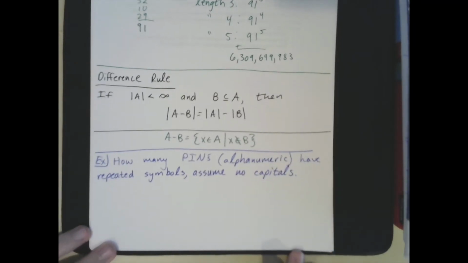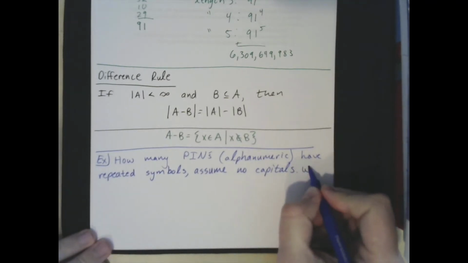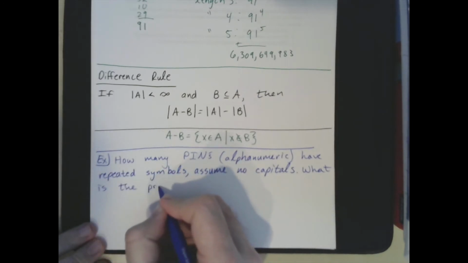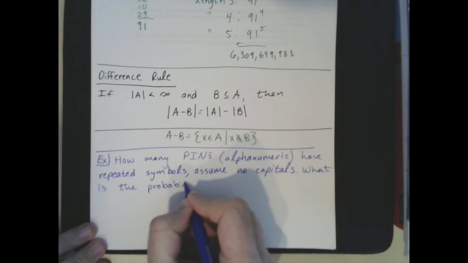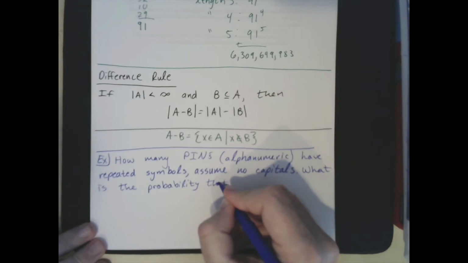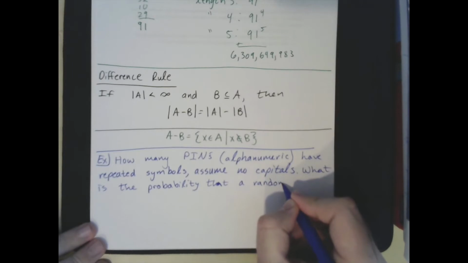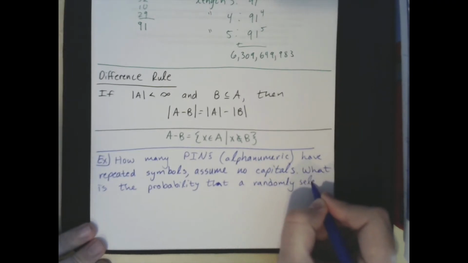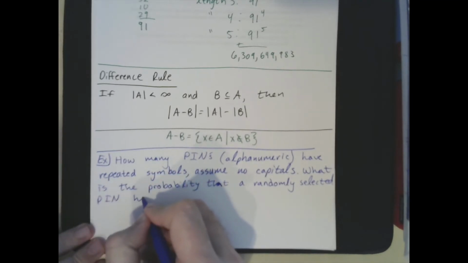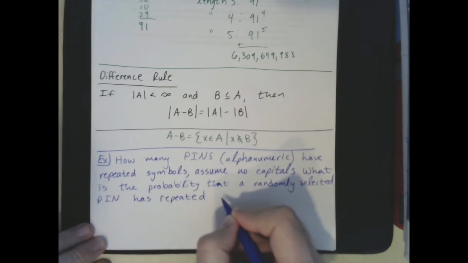So that means we only have access to the digits 0 to 9 and the lowercase letters. And then what is the probability that a randomly selected pin has repeated symbols?